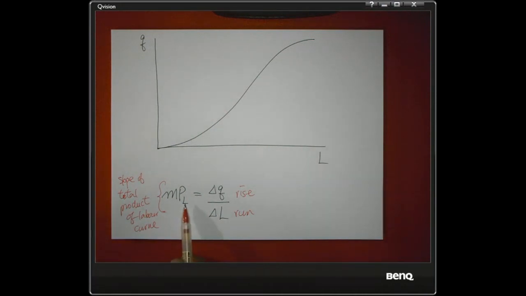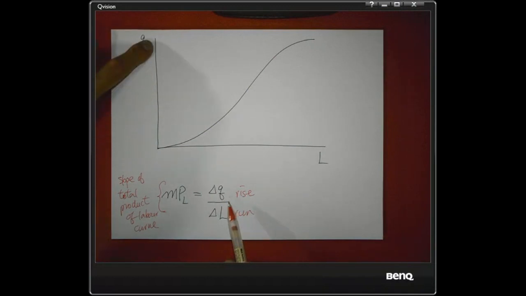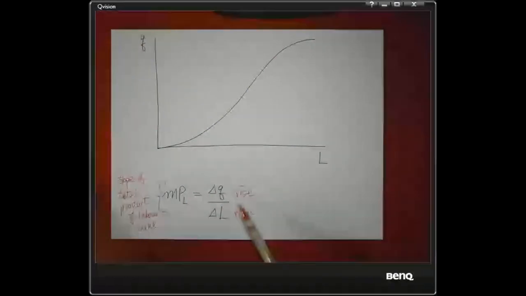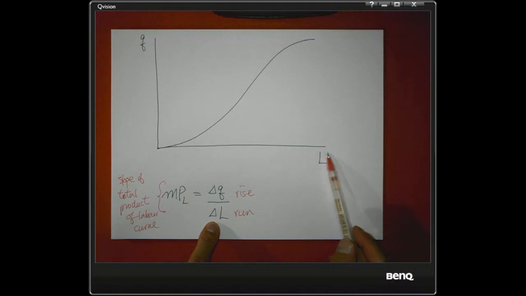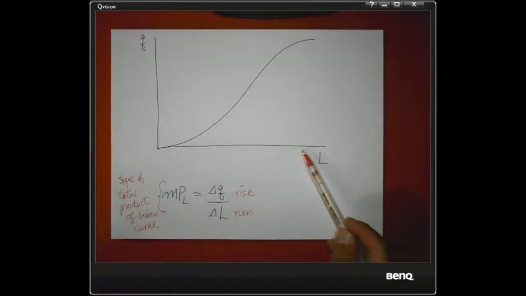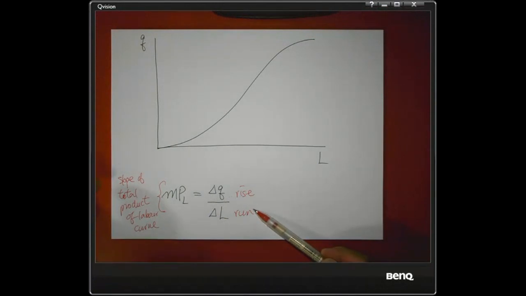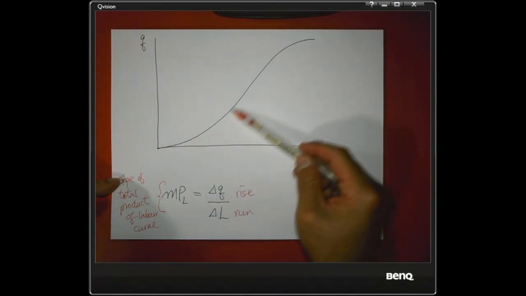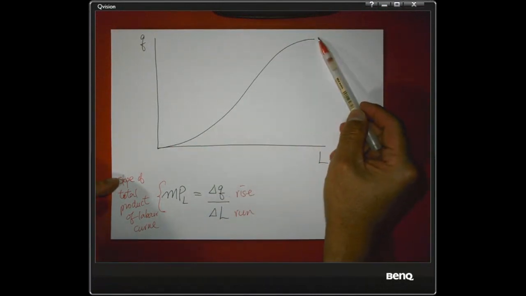So the marginal product of labor is a change in the output over the change in labor input, and output is on the vertical axis, and therefore the change in output is a rise. Labor is on the horizontal axis. So when you change the labor input, you are running. So rise over run is the slope of this total product of labor curve.